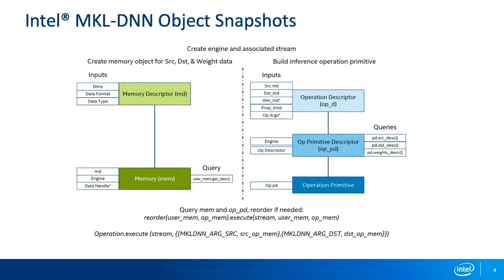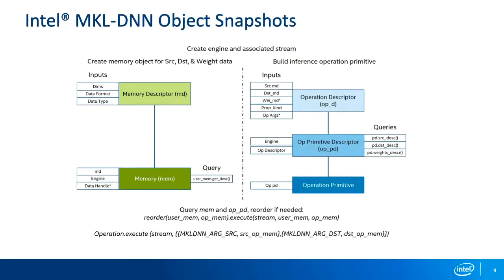So if you have an operation, let's say convolution, and then you have a ReLU afterwards, right? Convolution is extremely compute intensive. So you need to let MKL-DNN tell you what your format should be going into that convolution, and just take whatever MKL-DNN says. The next one, the ReLU, is not compute intensive. So you want the ReLU to just run off whatever the output from the convolution was.